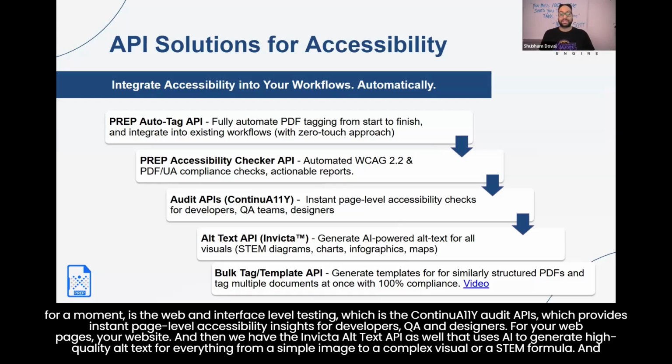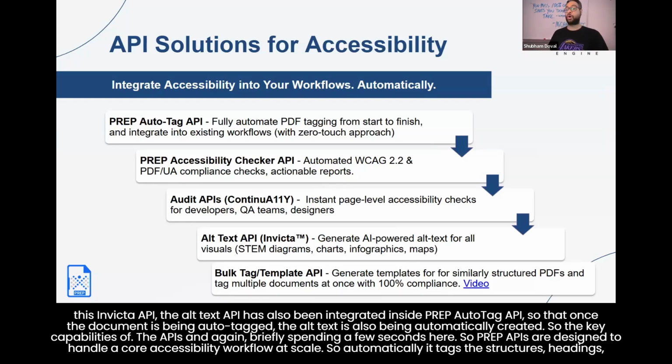And then we have the Invicta alt text API as well, which uses AI to generate high quality alt text for everything from a simple image to a complex visual or a STEM formula. This Invicta alt text API has also been integrated inside the Prep auto tag API, so that once the document is being auto tagged, the alt text is also automatically created.